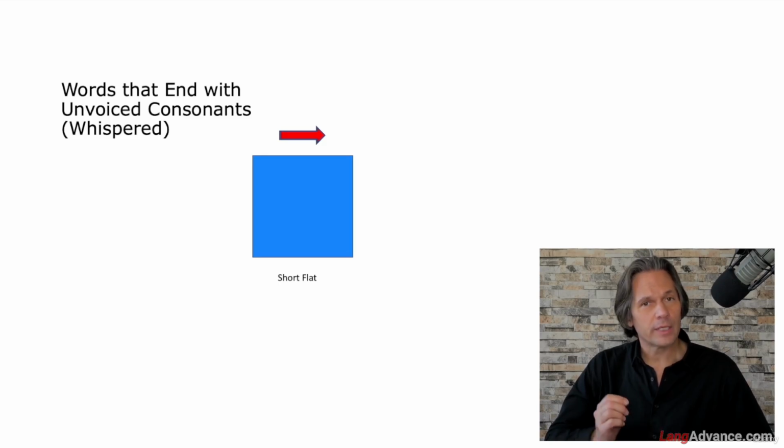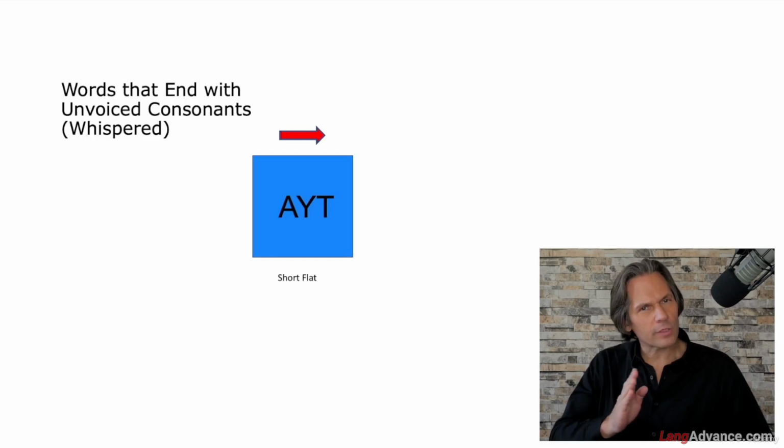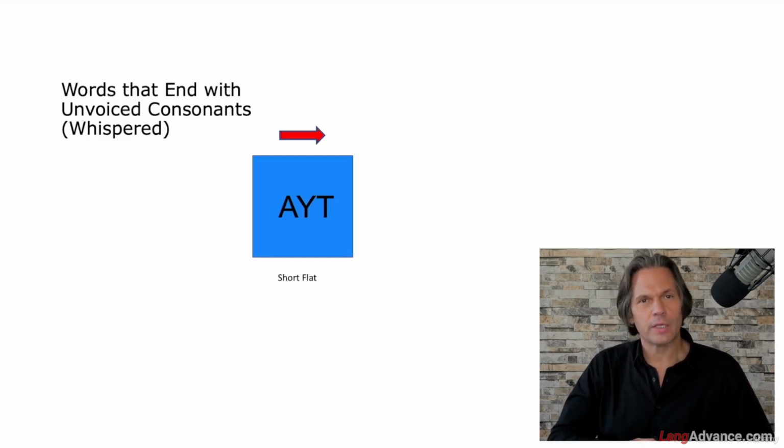The sound T, which is made with the letter T, and the sound P, which is made with the letter P. Let's make the vowel sound A, but we won't make it for as long as we've been doing. The sound is going to be cut off with the sound T. Listen and repeat. Ate.